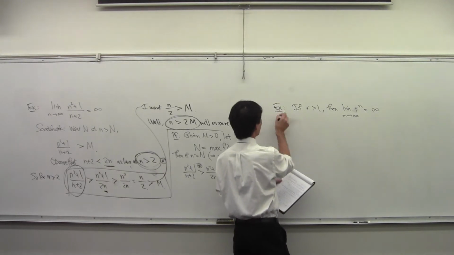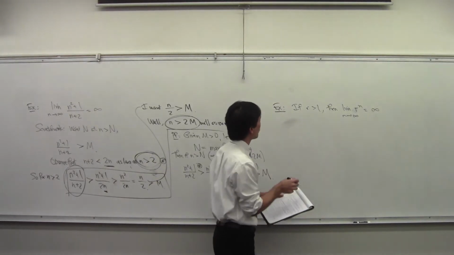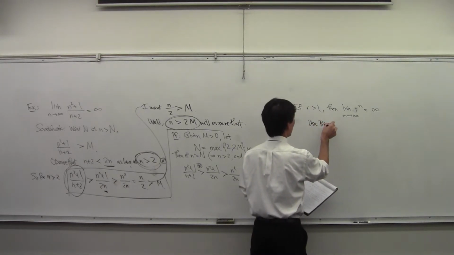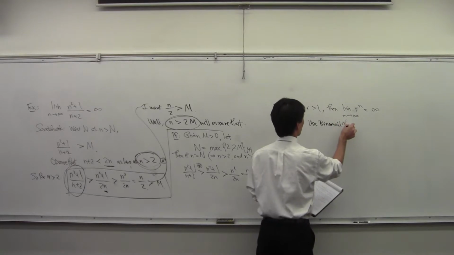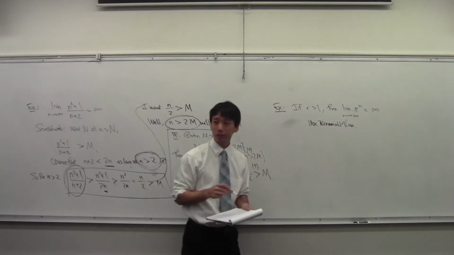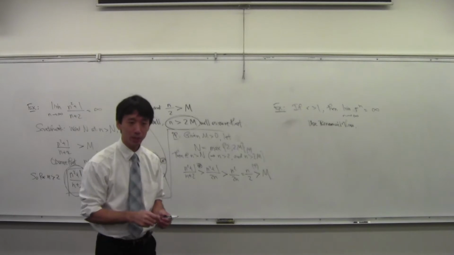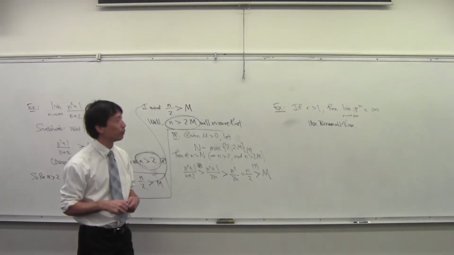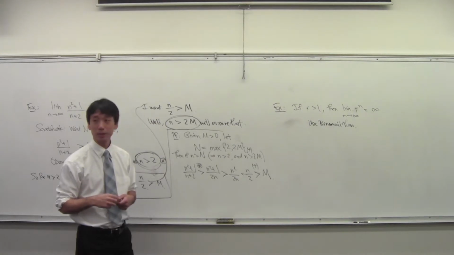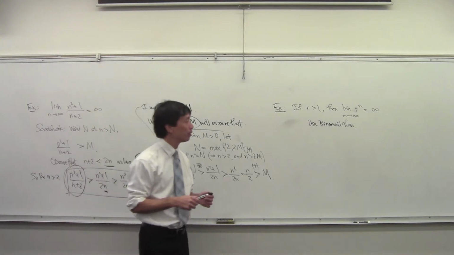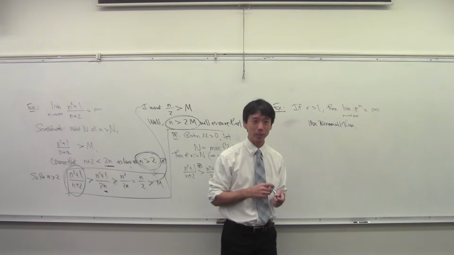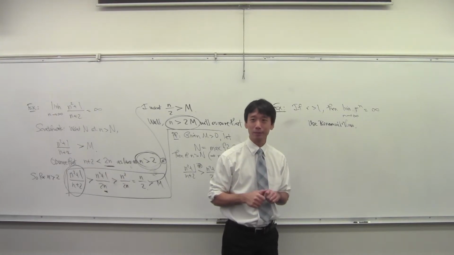I said X, meaning exercise. So here's a hint. Use the binomial theorem. See if you can take a few minutes and think about how the binomial theorem might be used to show that this goes to infinity, along the lines of how we used the binomial theorem in the last class.